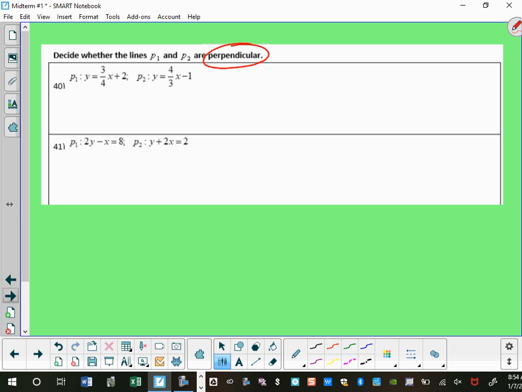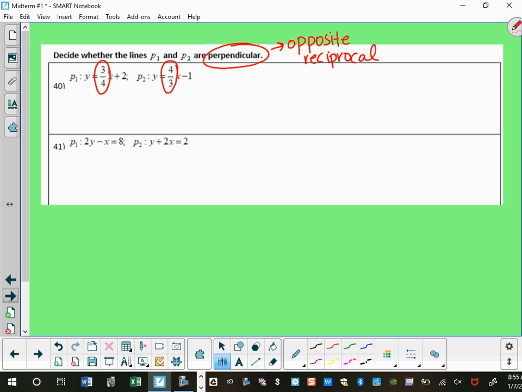So in order for it to be perpendicular, your 2 lines have to make a right angle. If we look at our slope, in order for it to be perpendicular, it has to be opposite reciprocal. If it's opposite reciprocal, then it works.